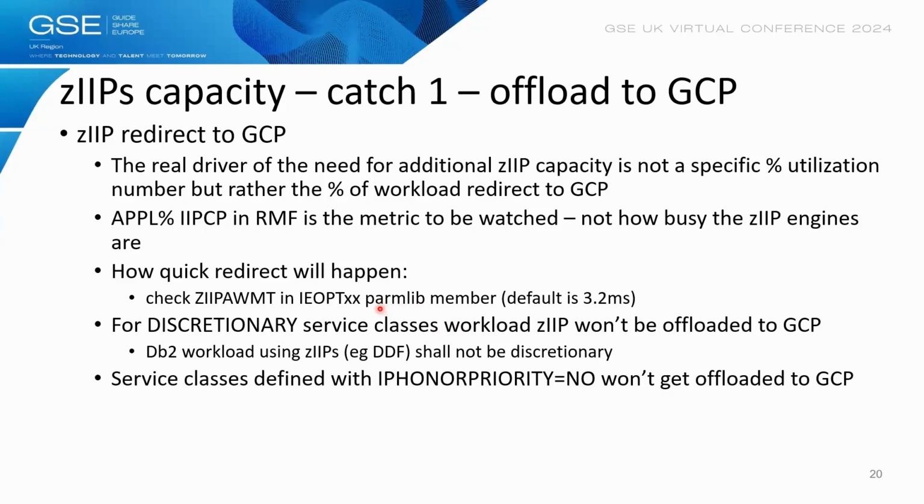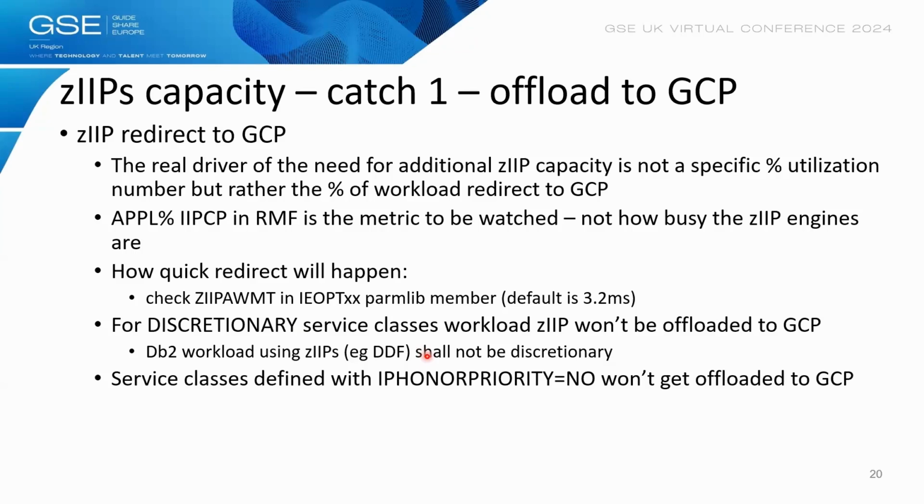How quickly the offload will happen is controlled by another parameter in the parmlib. The default is 3.2 milliseconds. We won't offload to general CP for discretionary workload, for discretionary service classes. Won't offload at all, which means that we will be waiting for the zIPs to be available.